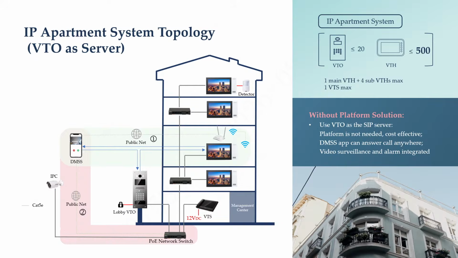From the phone, you can answer the call, you can open the door, you can manage your system fully. In this solution, the basic technology is the same, the VTH is also the same, the only difference is the SIP server. Also you can have one main VTH and 4 sub VTH in one system, and the VTO can open the door since it has lock control outputs.